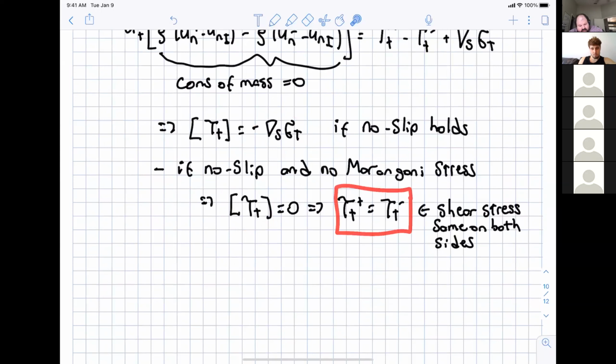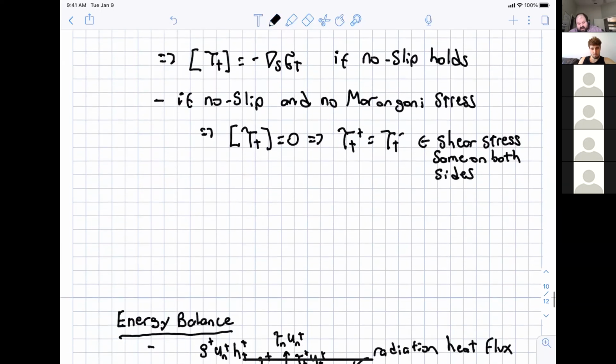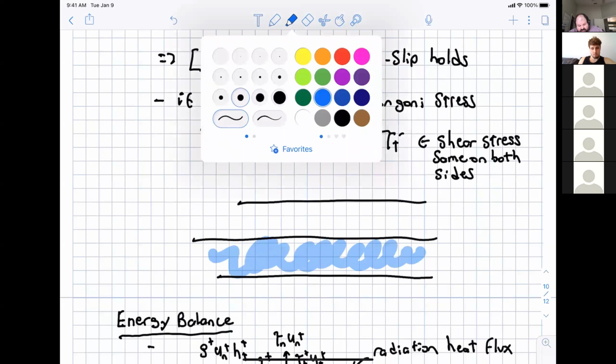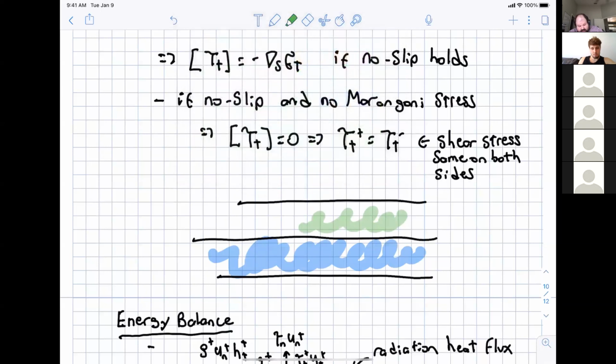And for those of you who've had fluids 1 or fluids 2, you may have actually applied this condition for the classic problem of a Couette flow with basically 2 layers of fluids. This is fluid 1, and this here is sort of fluid 2.